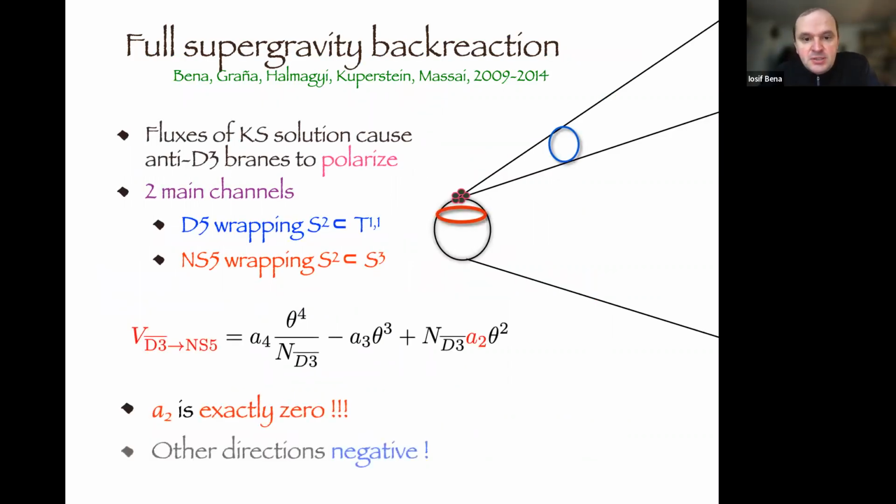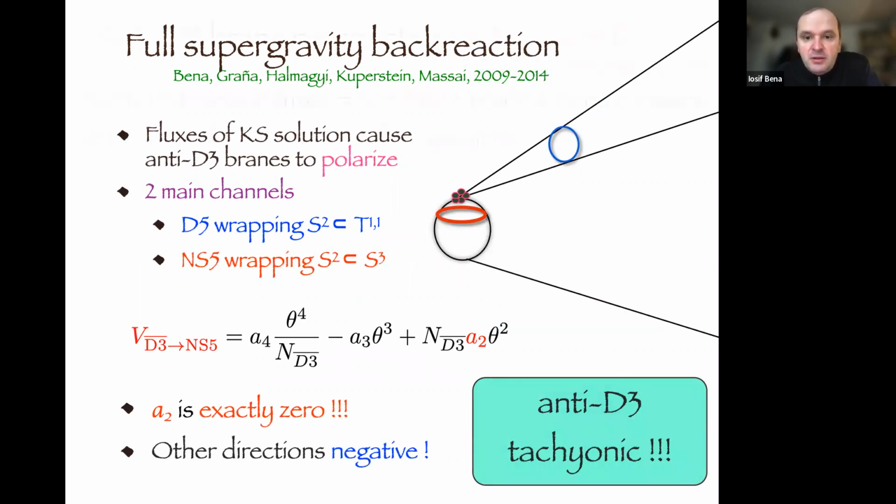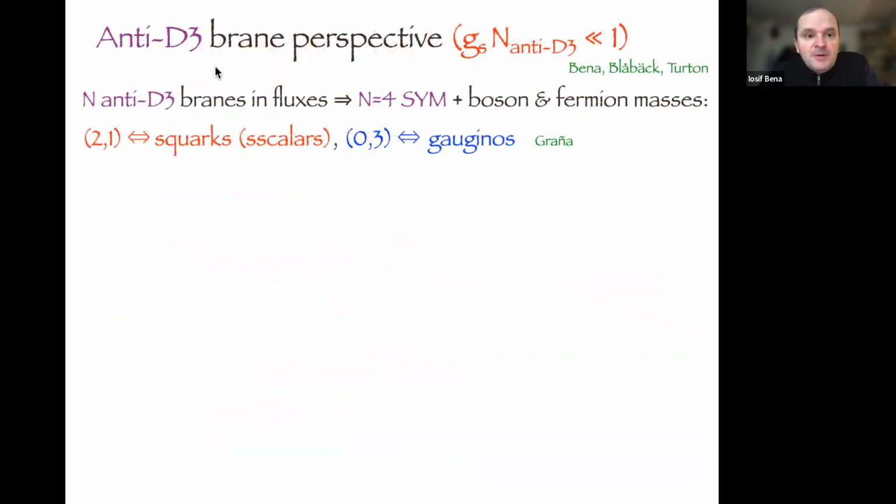So there's also a nice picture of the anti-D3 branes. If you look from their worldvolume perspective, this is valid in the regime of parameters when g string times the number of anti-D3 branes is much smaller than 1. Essentially, on the anti-D3 branes, you have N=4 Yang-Mills. Now, when you put the N=4 Yang-Mills into some 2,1 fluxes, the 2,1 fluxes of Klebanov-Strassler become 1,2 from the perspective of the anti-D3 branes, and they give mass to the supersymmetric quarks.